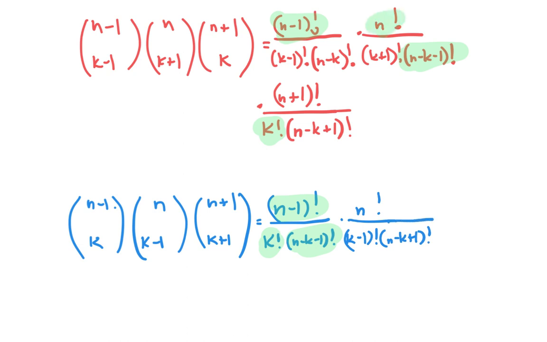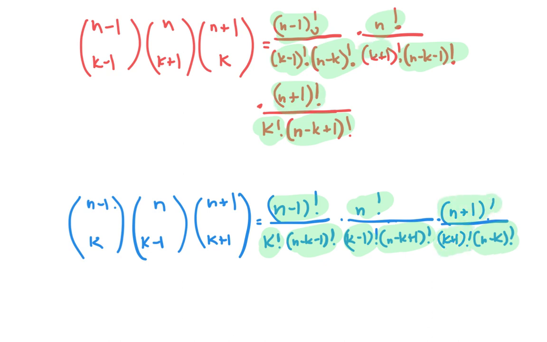And there's our n factorial, there's our k minus 1 factorial, and there's our n minus k plus 1 factorial. And unsurprisingly, we get n plus 1 factorial over k plus 1 factorial, and then n plus 1 minus k plus 1, so that's n minus k factorial.